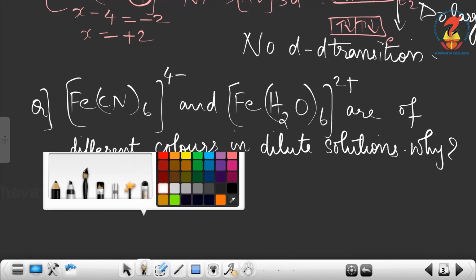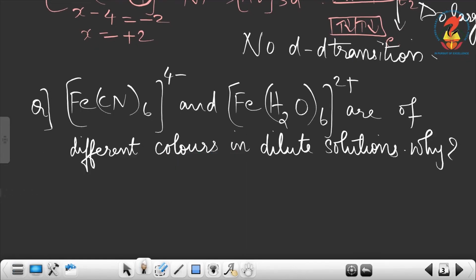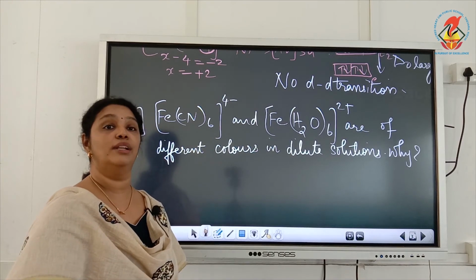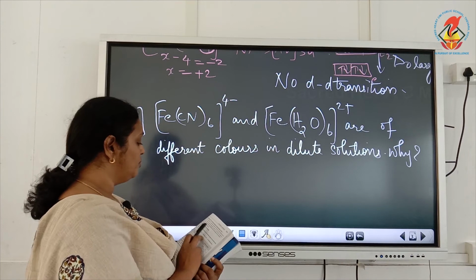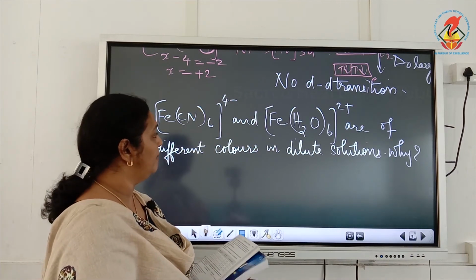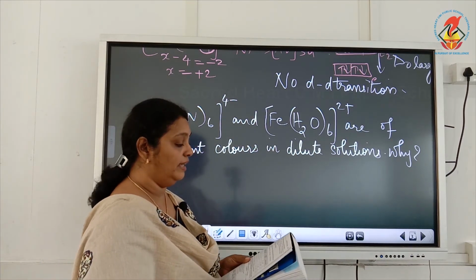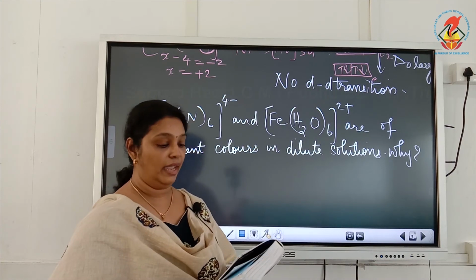Now the next question: [Fe(CN)6]4- and [Fe(H2O)6]2+ are of different colors in dilute solution. Why are they of different colors? Due to different ligands. In [Fe(CN)6]4- the ligand is CN-, and in [Fe(H2O)6]2+ the ligand is H2O.